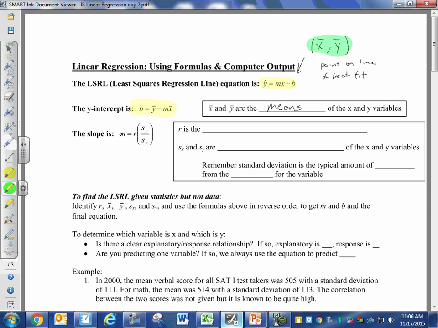Our slope is found using this equation. This is always the slope for the line of best fit. I believe our friend Party Sabetti told us about this, and we didn't have to worry about it, but now we kind of have to worry about it because this is going to help us generate our equation if we're given information. We know that r is the correlation.